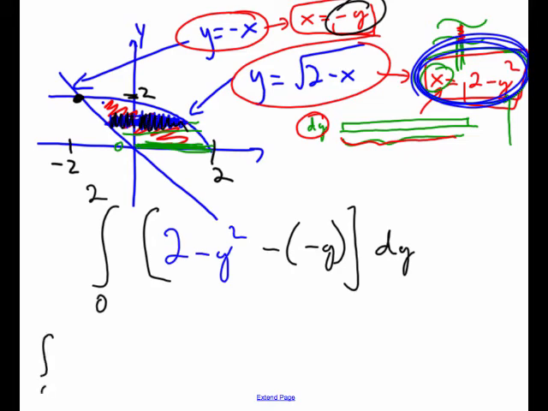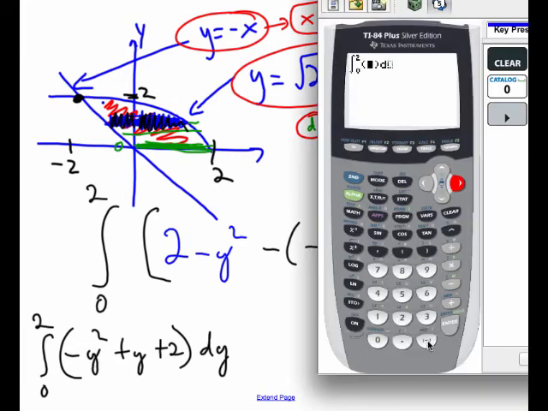Alright, so let's just clean up this equation a bit. That would be negative y squared plus y plus 2 dy. If I go over to my calculator, now since I'm doing this with respect to y, I'm just going to think of my y's like x's when I type it in, since the calculator requires me to use x.